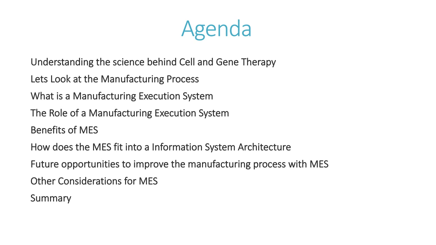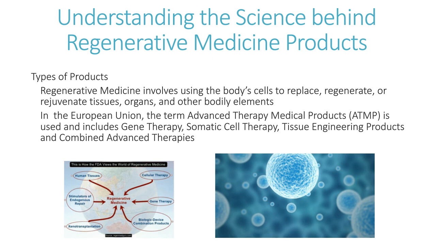So as some of you know very well, the area of interest here is under the umbrella of regenerative medicine. Regenerative medicine has been around with us for a few decades now, actually. But the basic concept is using body cells to replace, regenerate, or rejuvenate tissues, organs, and other bodily elements.